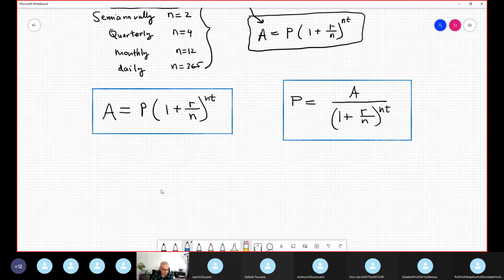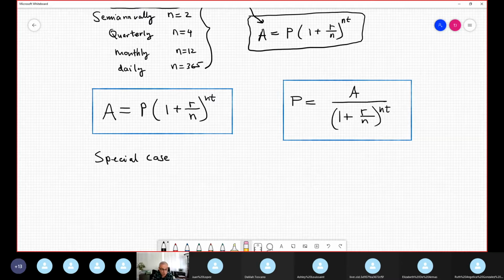Okay. However, we have one special case, in which you have no idea exactly what is the compounding. For example, you want to determine the price of something, a cup of coffee, I don't know, in the future.